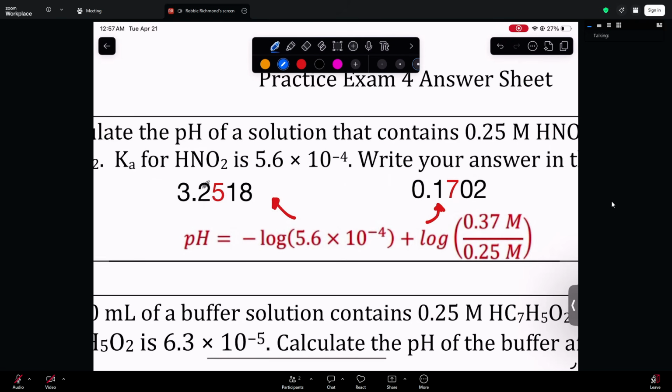We do not care about the ones place. We only care about the decimal points for saying which number is the least or the last significant digit. Very similarly, if you take the log of here, both of these numbers are 2 sig figs, so the number that you get from here will be rounded to the hundredths place, or 2 places after the decimal point.